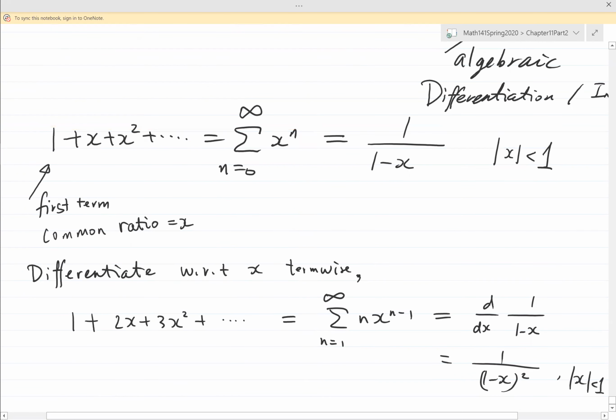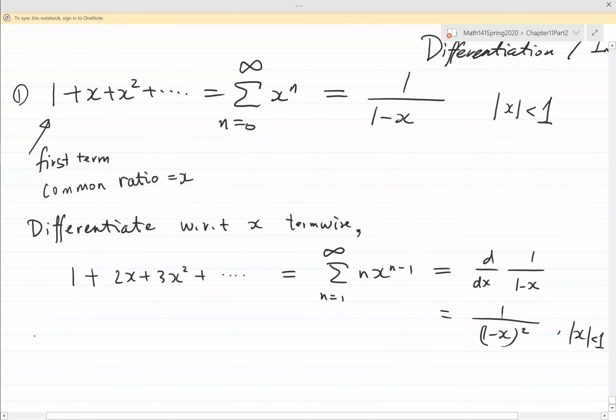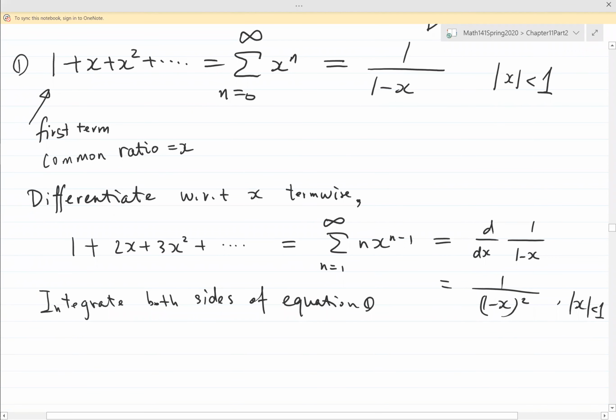Let's use the equation, and integrate both sides of the equation. Now we need to make sure when we integrate that we are within the range such that this equation makes sense. Otherwise, it's wrong.